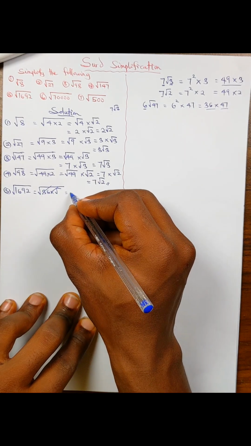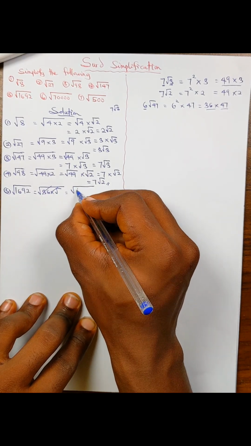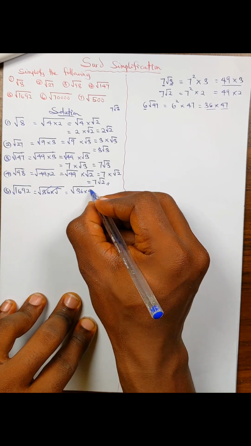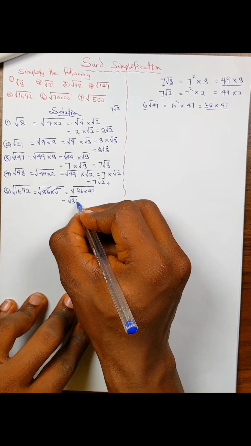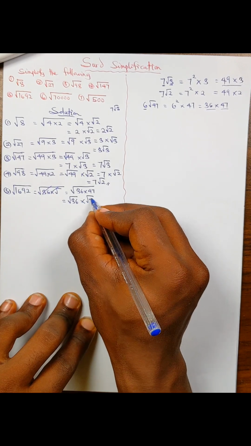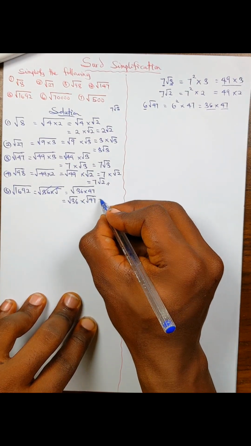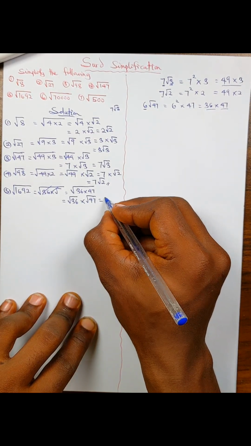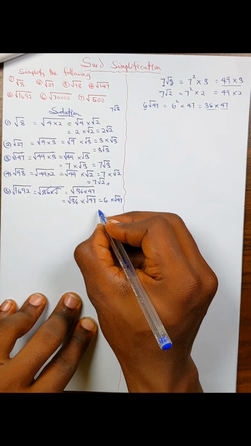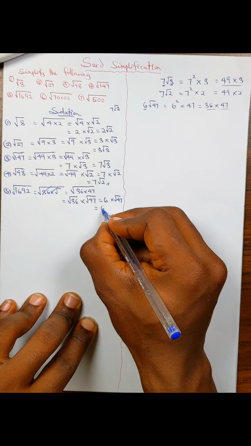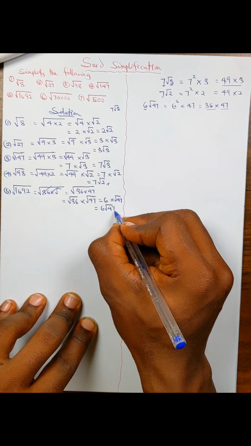So I get the square root of 36 times 47, which is going to give us the square root of 36 times the square root of 47. Now, the square root of 36 is giving us 6, times the square root of 47. And according to surds, we can just write it as 6 root 47.